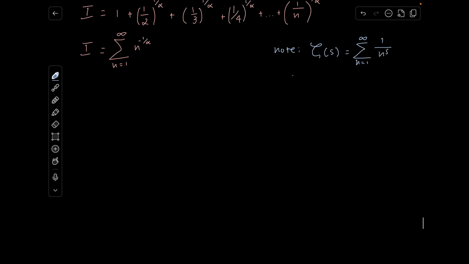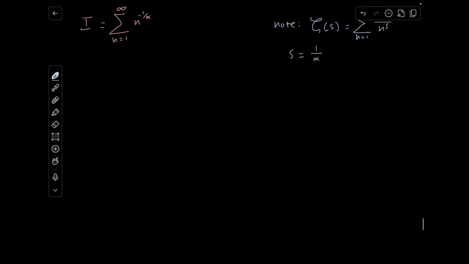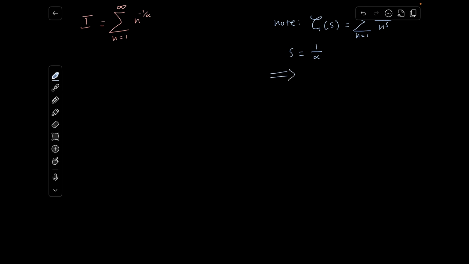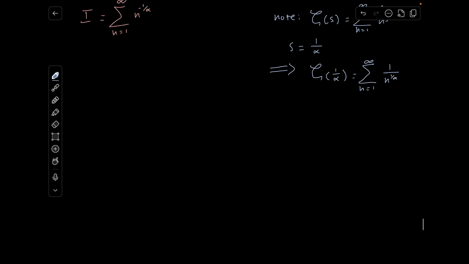Okay. Now, if we set s equal to 1 over alpha, we get zeta of 1 over alpha is equal to the sum from n equals 1 to infinity of 1 over n to the 1 over alpha, which is exactly what we have over here.